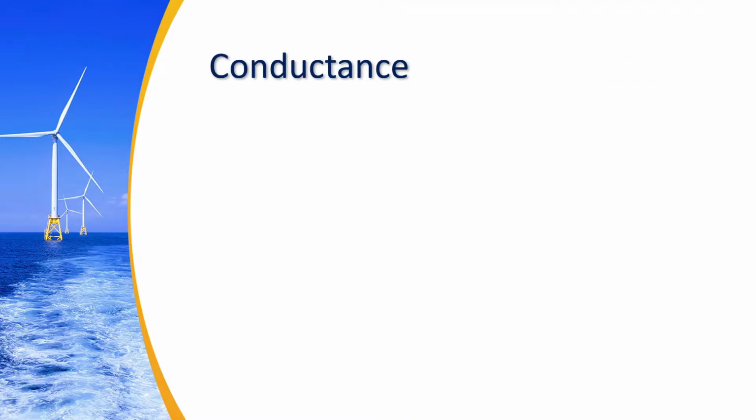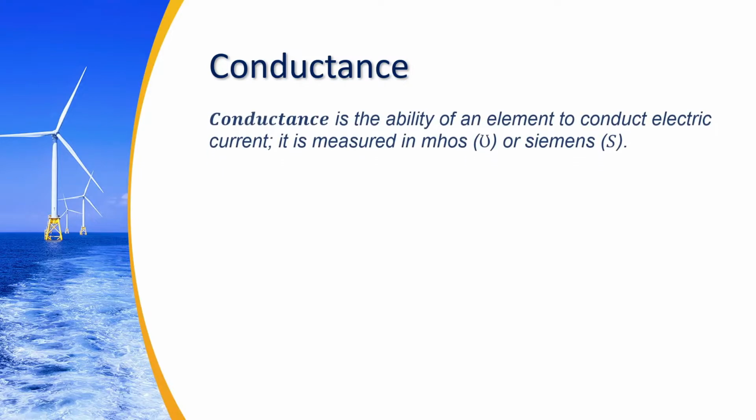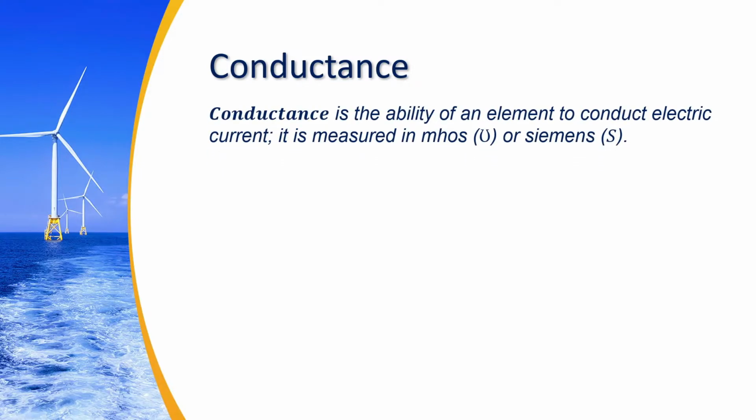So punta naman tayo sa conductance. Kung kanina, ang meaning natin ng resistance is it opposing the flow of current, itong conductance naman is baliktad. So conductance is the ability of an element to conduct electric current. It is measured in mhos or in Siemens. Okay?